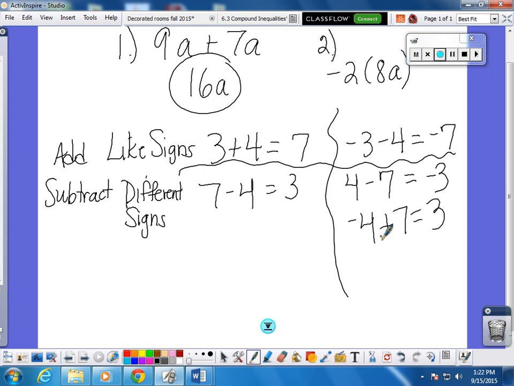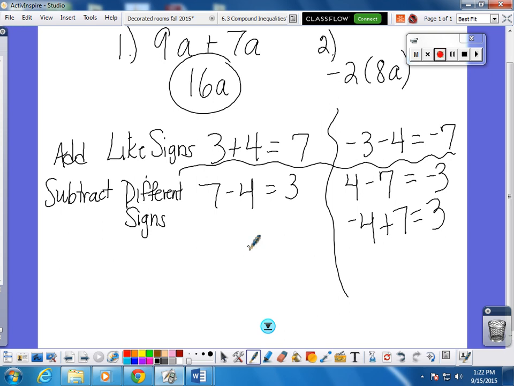Because they had different signs, I subtracted, and then where did I get my sign for my answer? Whatever the higher number has, right, if it's positive or negative. So here the higher number was positive 7, here the higher number was a negative 7, here the higher number was a positive 7. So if they have like signs, you add. If they have different signs, you subtract.